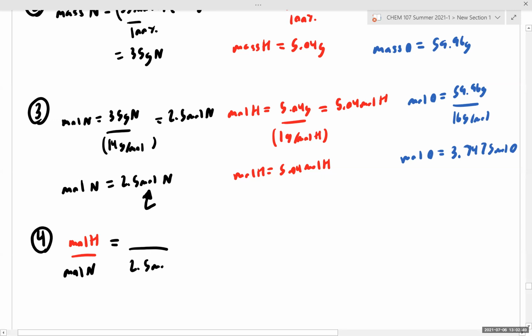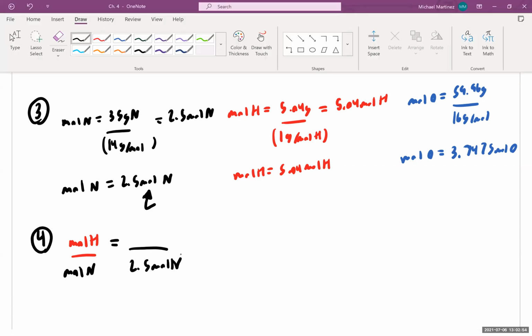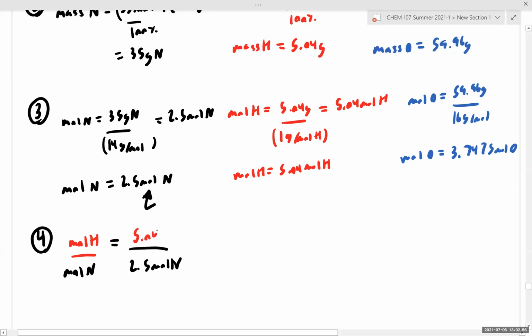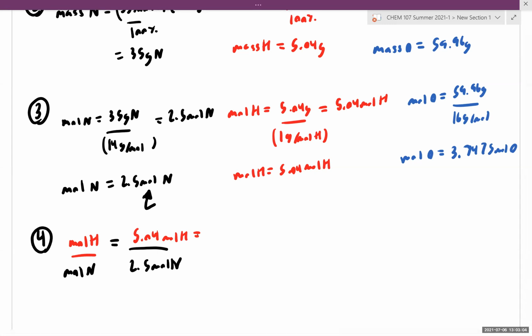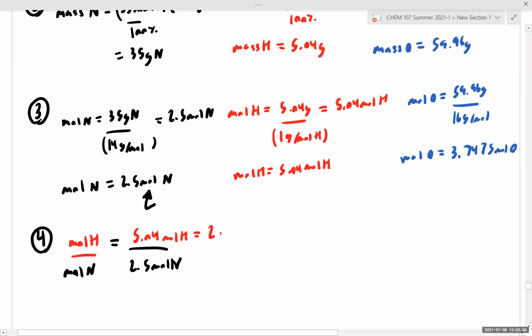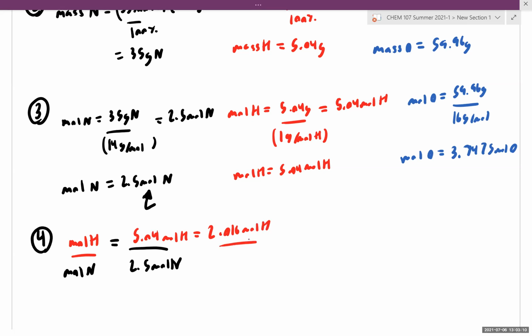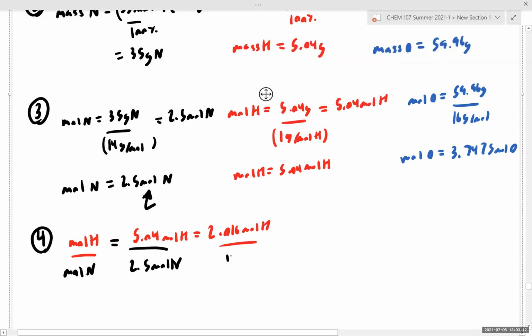We take our moles of hydrogen and divide by the moles of nitrogen. We have 5.04 over 2.5, and that gives us a ratio of 2.016 moles of hydrogen per 1 mole of nitrogen.